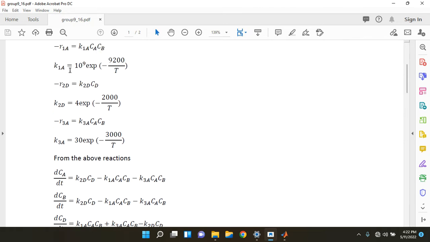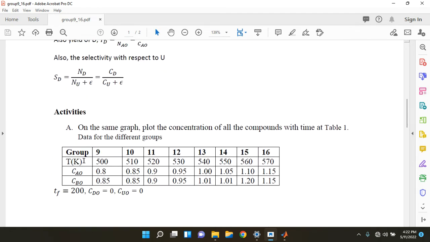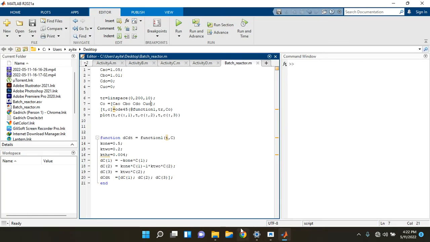So our k1a is equal to 10 exponent 9, and also the exponential of minus 9200 over t, where t is the temperature here. So I'm going to do that in here. So I'm not going to use this, I'll clear it.